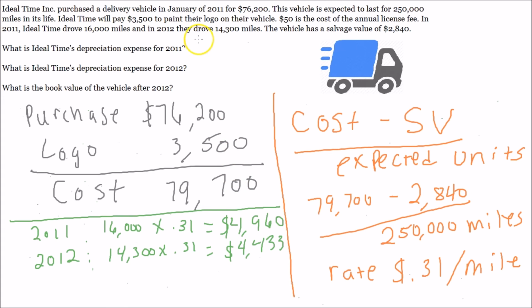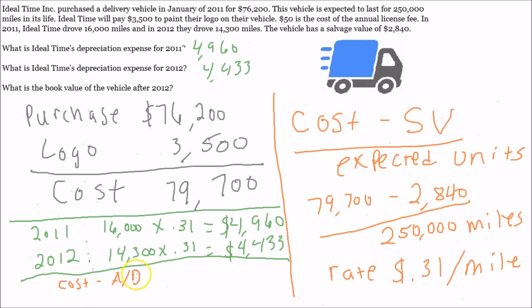So there we go. We answered our questions. $4,960 and then $4,433. What is the book value of the vehicle? Well, I'll do another little line here to separate this out. Book value, all that is, you just take your cost and you subtract accumulated depreciation.